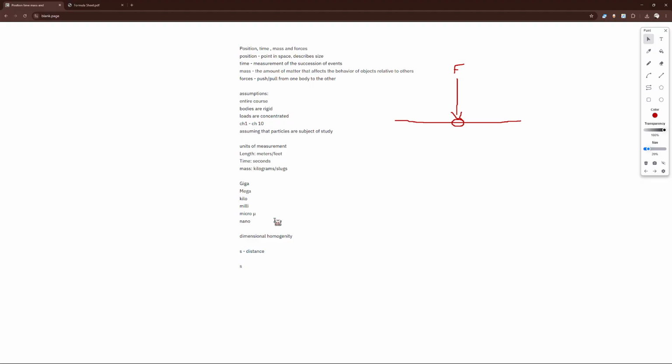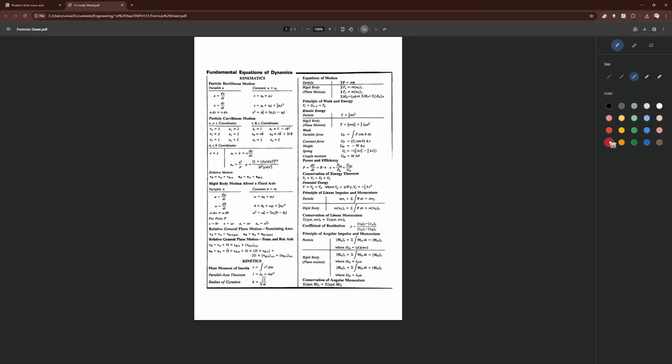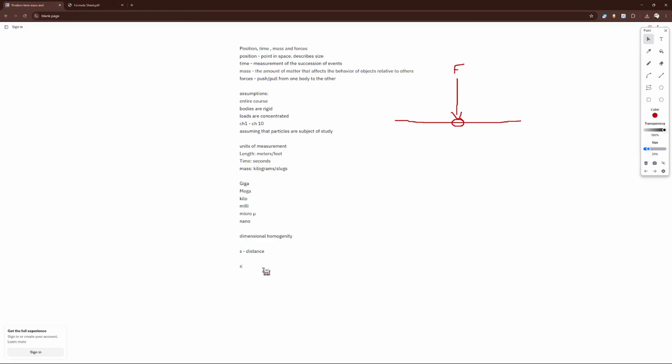One of the fundamental equations: S equals S naught plus V naught T plus half A T squared, right? That is one of the fundamental building equations for kinematics.